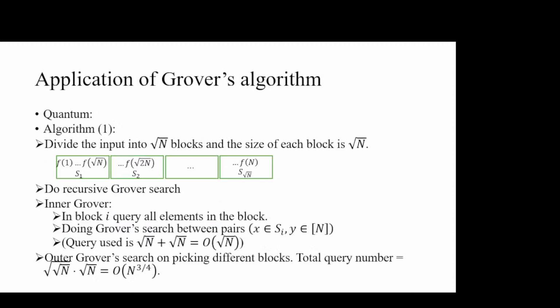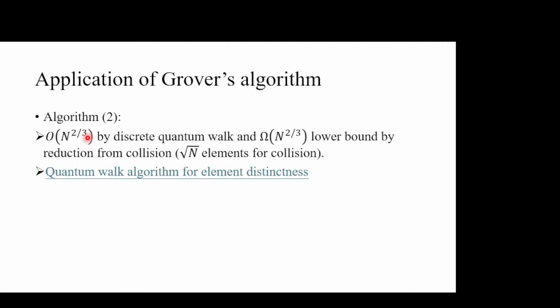Quantumly, we'll skip over the algorithm. You can use recursive Grover's algorithm to construct an n to the 3 over 4 algorithm, but it's not optimal.